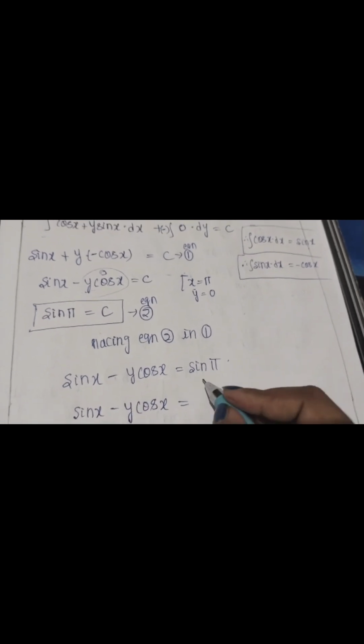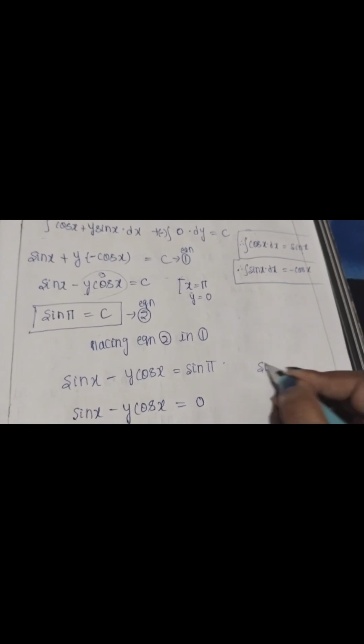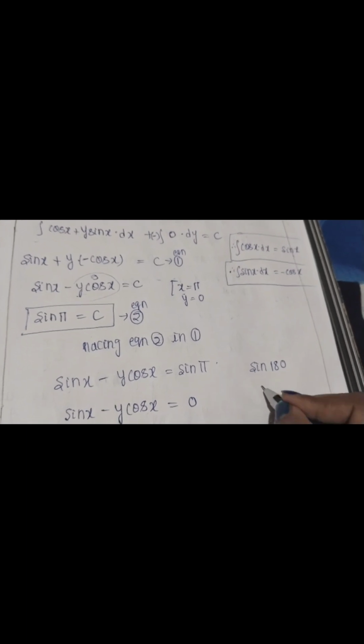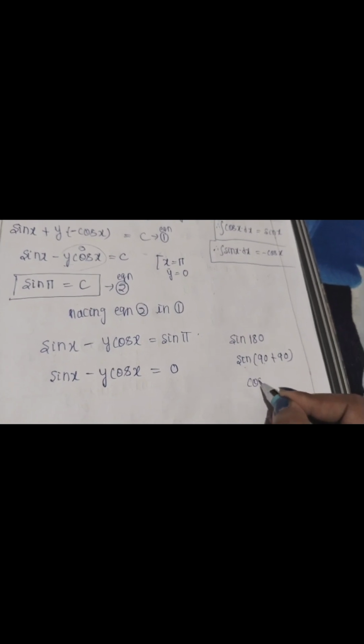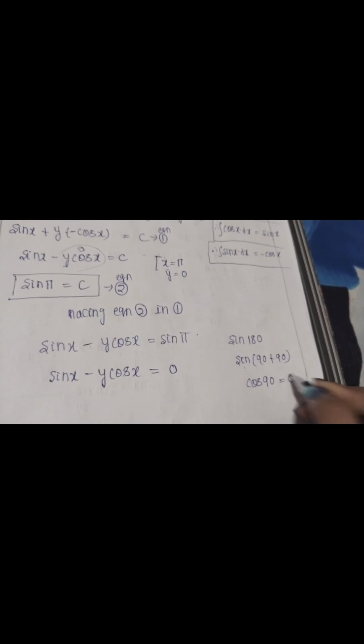After simplifying this in the RHS part, we will get the whole answer, where sin pi tends to 0. See, sin pi is nothing but sin 180. Sin 180 is sin of 90 plus 90, where sin of 90 plus 90 becomes cos 90, which is 0.